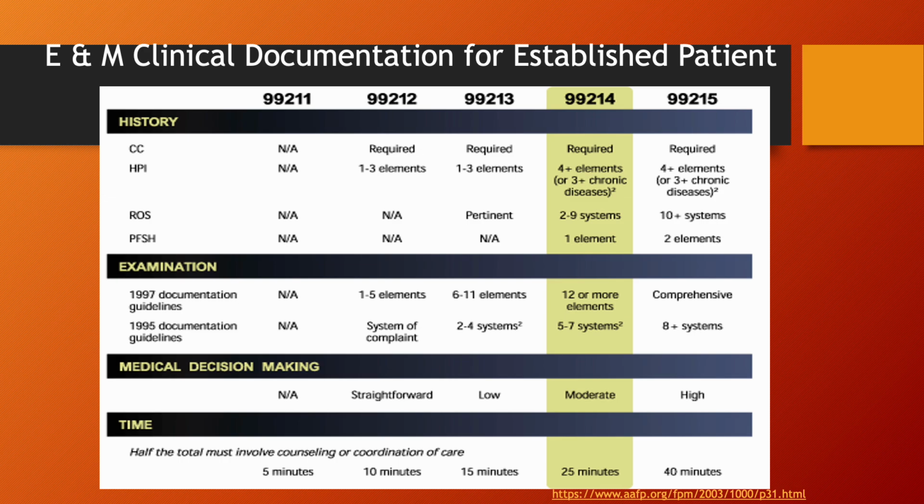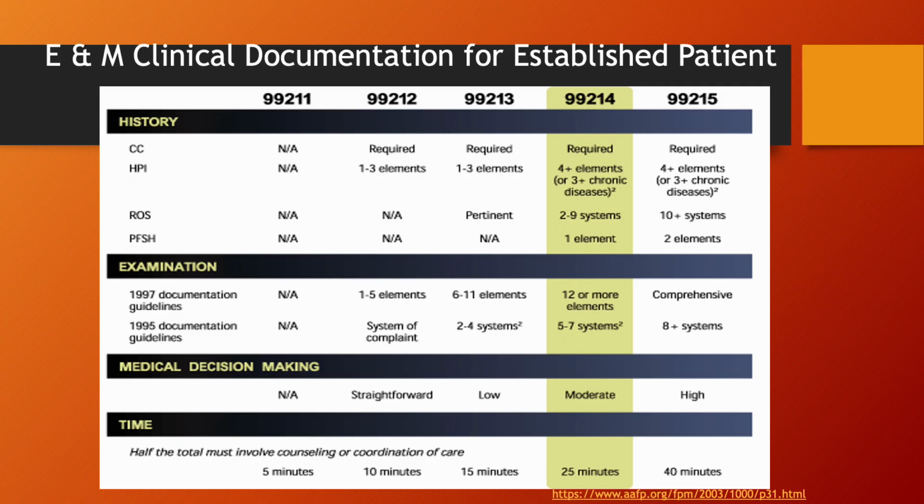As you're documenting, I want you to think about what is required for each one of these. Legally, if you code a 99213, 4, or 5, or any of them, and you have not met the criteria within each of those categories, then you are misrepresenting what you've done.